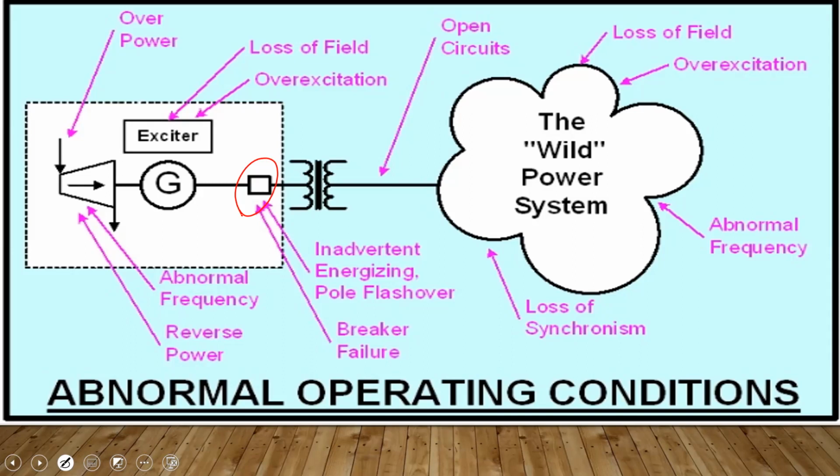So we have to be able to monitor that breaker, and given that it ought to operate, ask what sort of support mechanisms we have. We're talking about open circuits. What happens if the load is somehow separated from generation? There are certain things that are going to happen to the generator that we have to address.